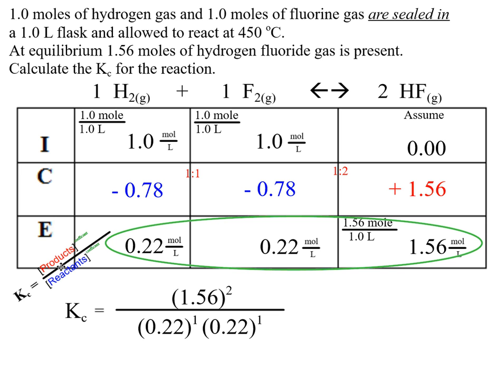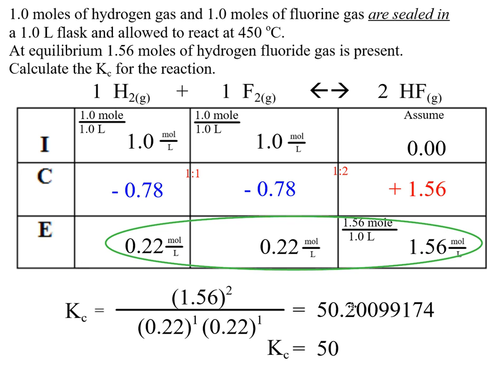And all I need is to find products over reactants and plug these values into my expression, noting that the exponents are my molar coefficients. Once I've done that, my straight calculation is 50, following and noting significant figures and no units for the Kc value.